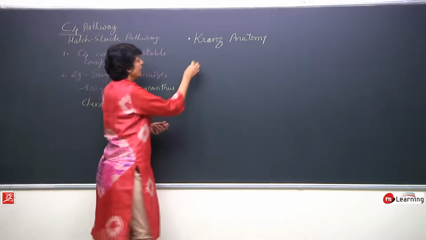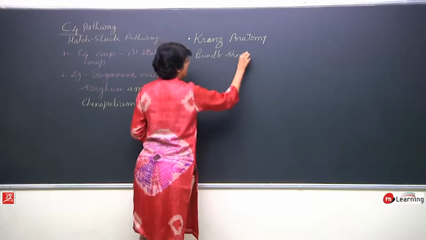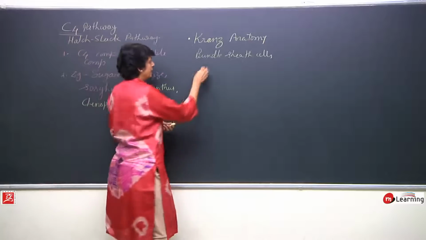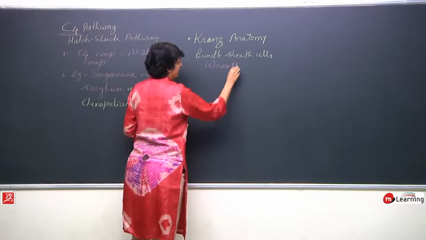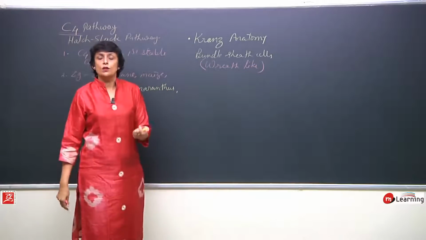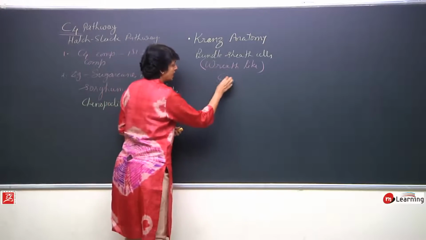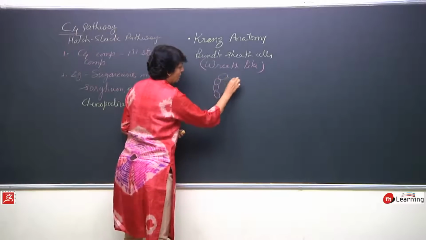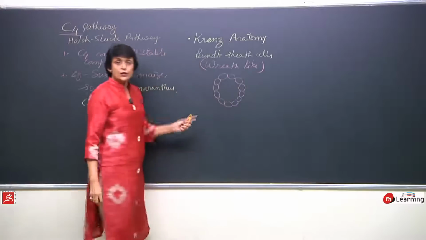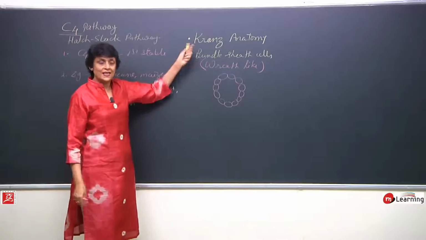In Kranz anatomy, the bundle sheath cells are arranged in a wreath-like manner. A wreath is a circular arrangement of anything. So here the bundle sheath cells are thick-walled and compactly packed, that means without any intercellular spaces. So there is a wreath-like circular arrangement of bundle sheath cells. This is known as Kranz anatomy.